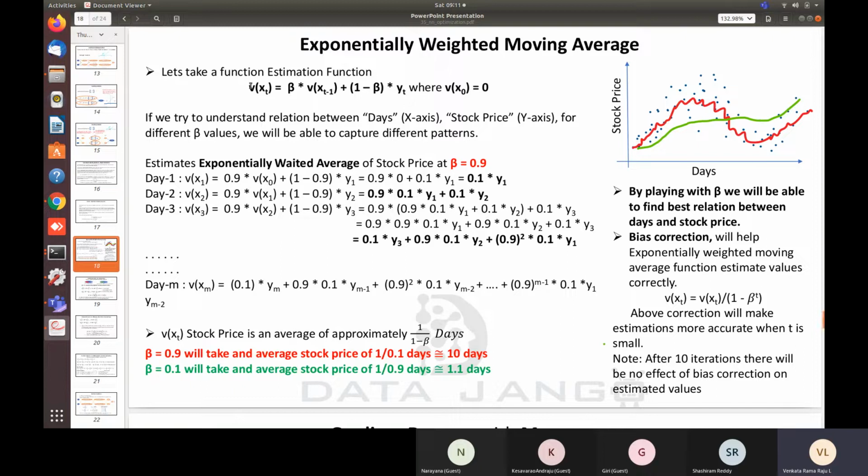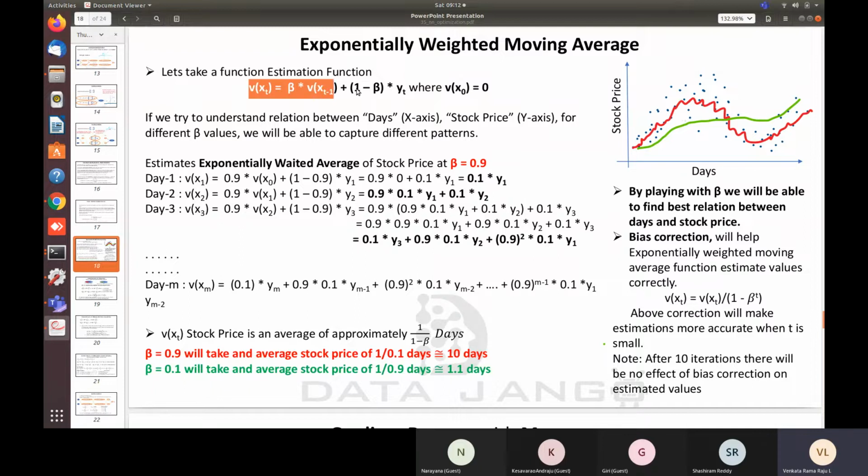Both were derived using this equation based on the beta value. Beta is a hyperparameter: put one beta value, you get the red line, another beta value, you get the green line. You can use this line to make predictions. That's the basic concept.